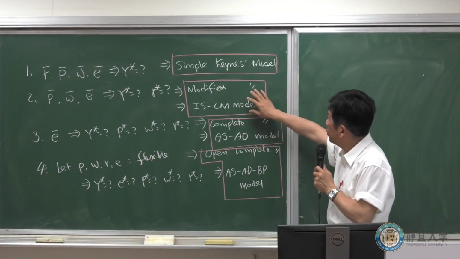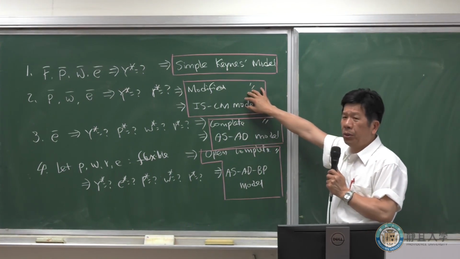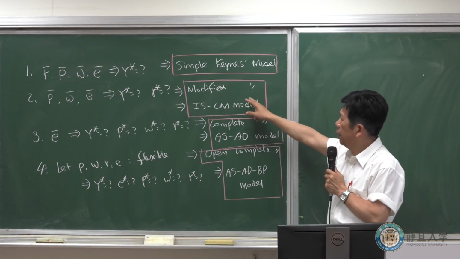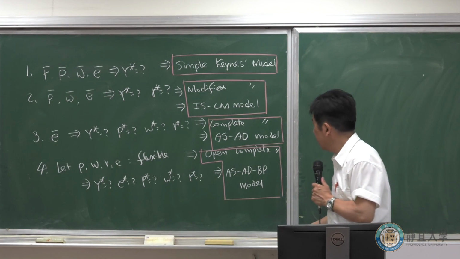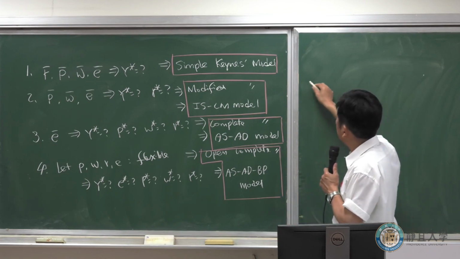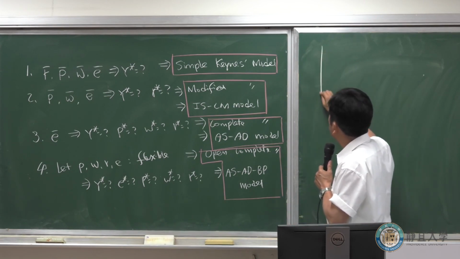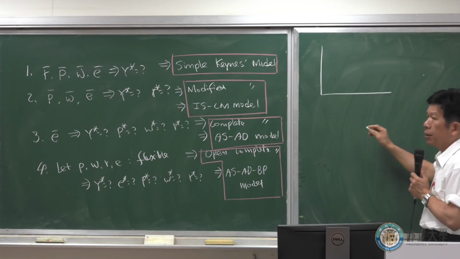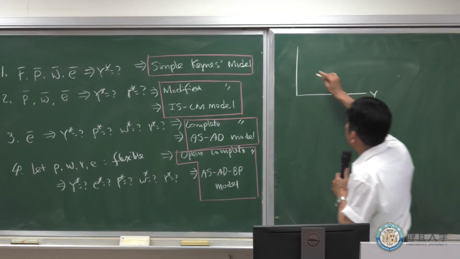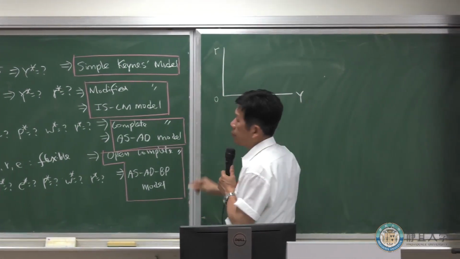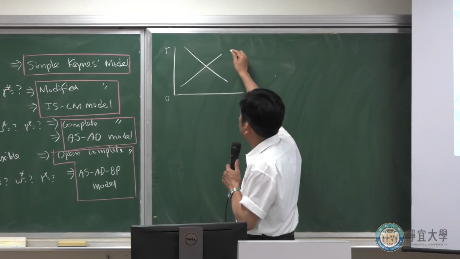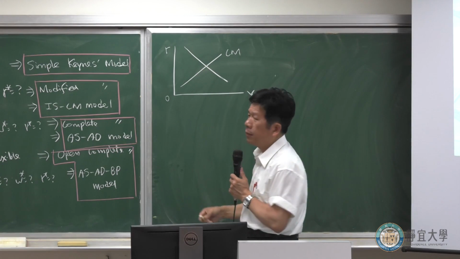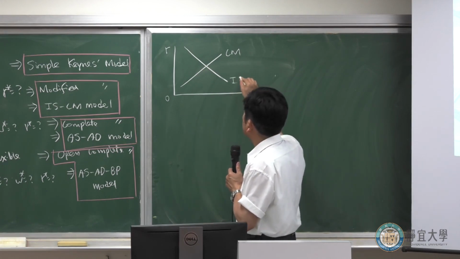Actually, this is also to describe the second story. Last week we already learned about IS and LM. Here is Y and this is R, and we can draw the LM curve and this is the IS curve.